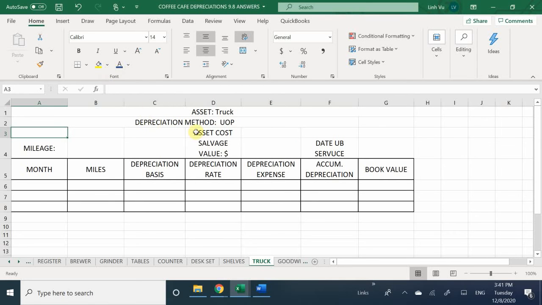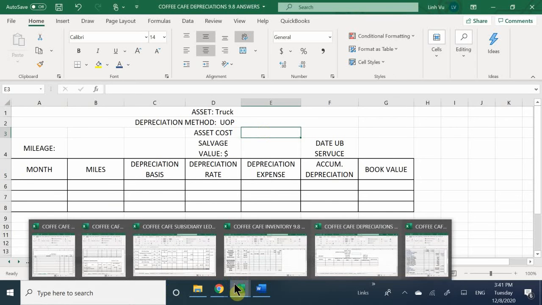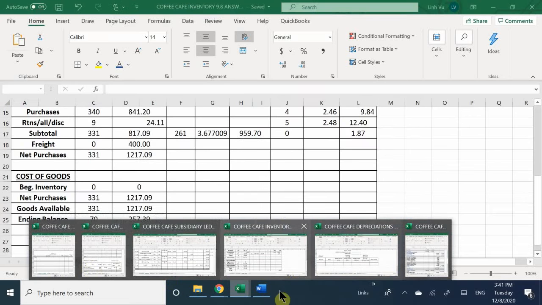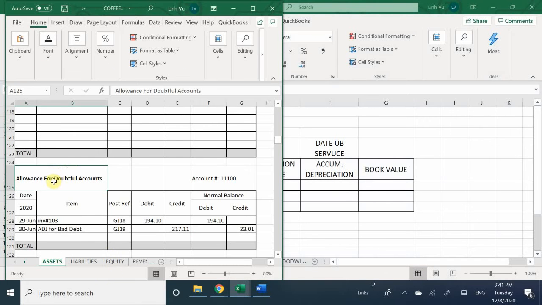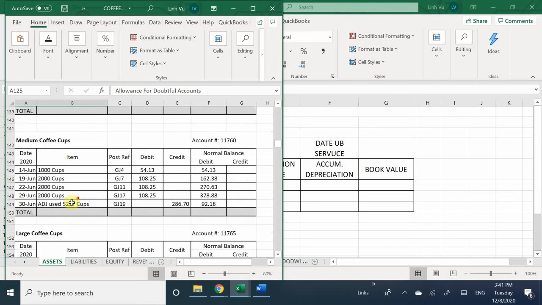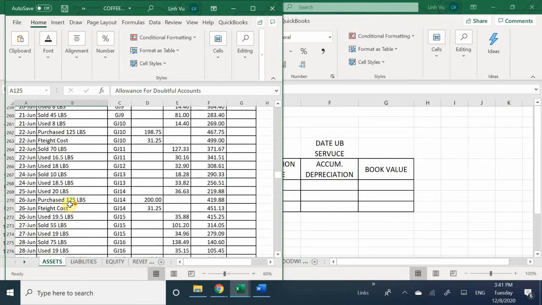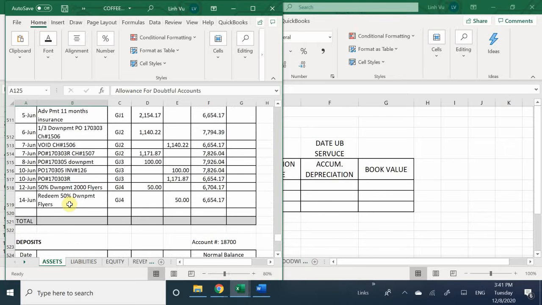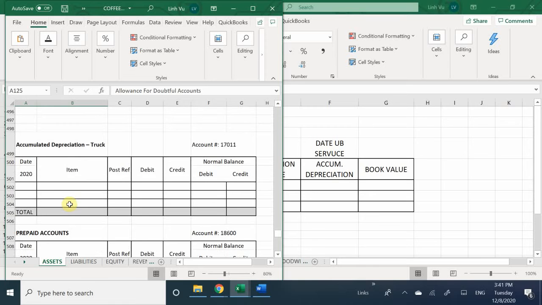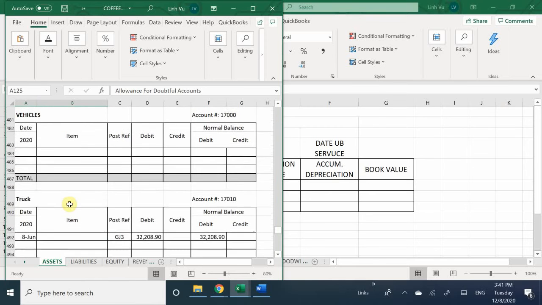Okay, it's a truck. Now, how much does my asset cost? Where can I find this information? In the ledger. Good. So let's go ahead and locate that asset. Where is my truck at? Under liabilities? Not the truck loan. It's an asset.